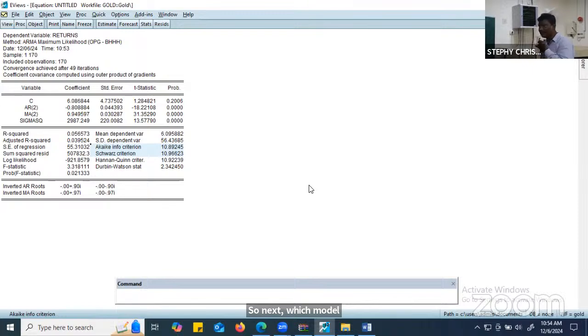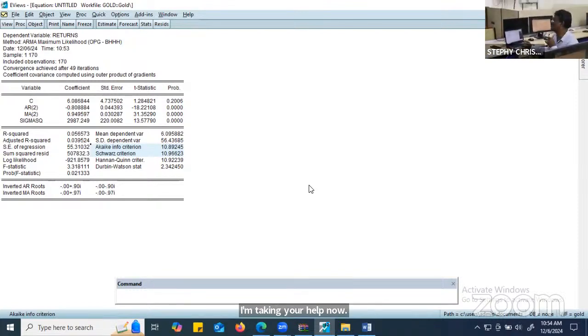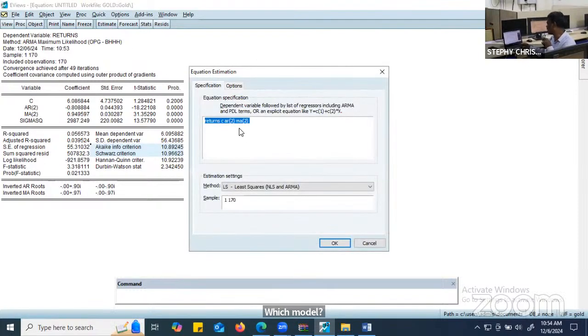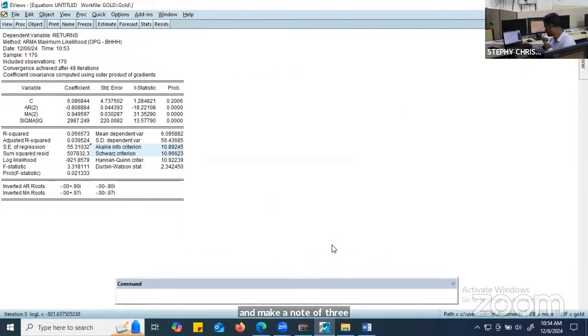3-1? I'm taking your help, no? Second one, which is the second one? Which model? 311. Estimate 311 now, and make a note of the AIC and SIC value.